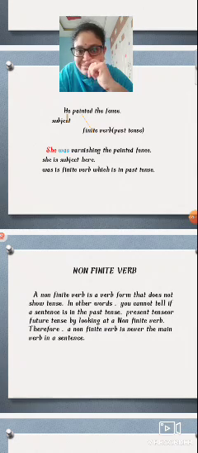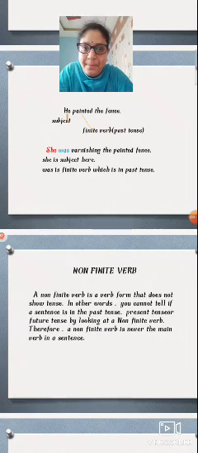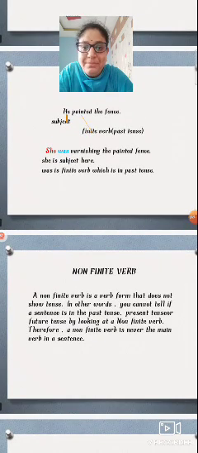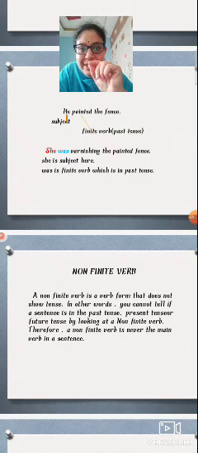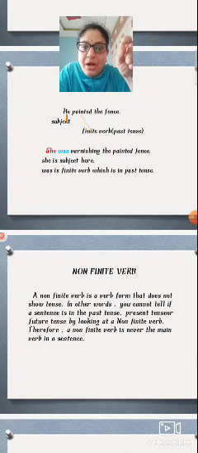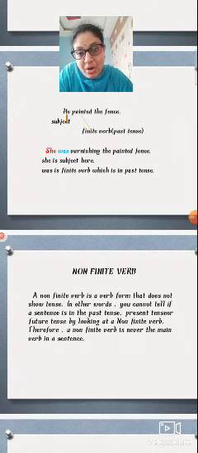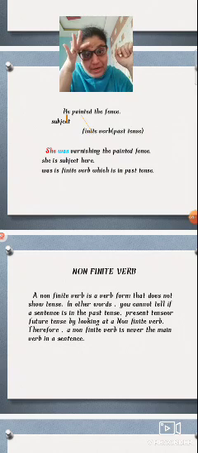And another example is there, no? She was varnishing the painted fence. What is the subject here? She is the subject here, and was comes under the finite verbs, and also it is showing the past tense, because she was varnishing the painted fence, right?